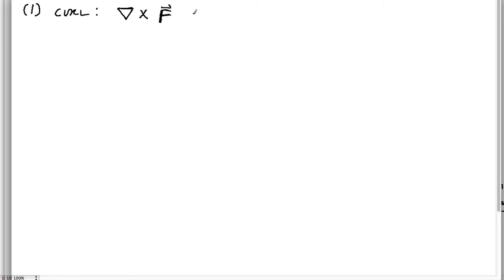We can write f as a three-dimensional function: P of x, y, z, Q of x, y, z, and R of x, y, z. That's the function right there, and it's a vector function.